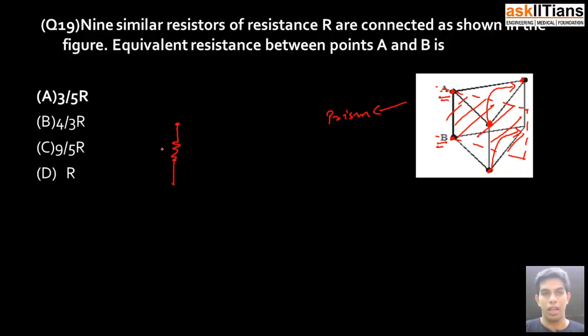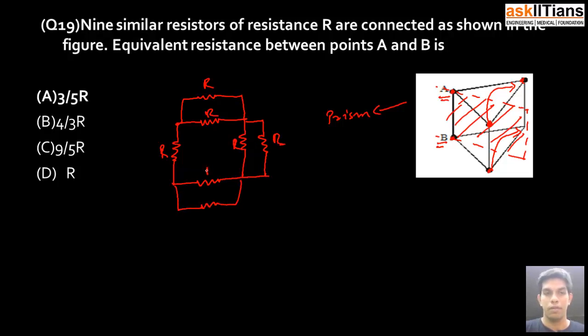So here I have the resistance R, another R in parallel with another resistance R. Same goes for this branch. This is R, this is R. This is also R, and these are the points A and B. So this will give me R by 2, this will give me R by 2, and this also will give me R by 2.